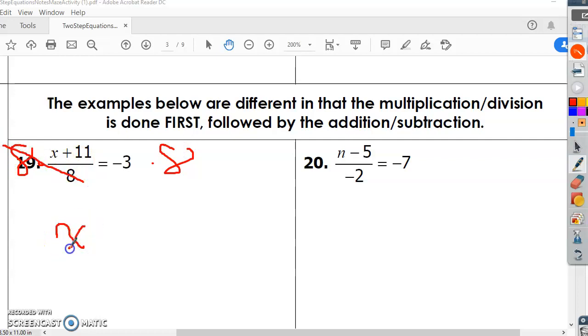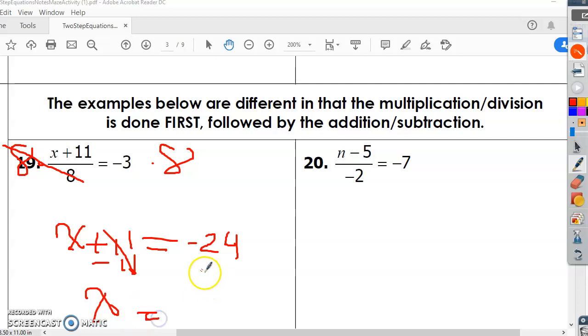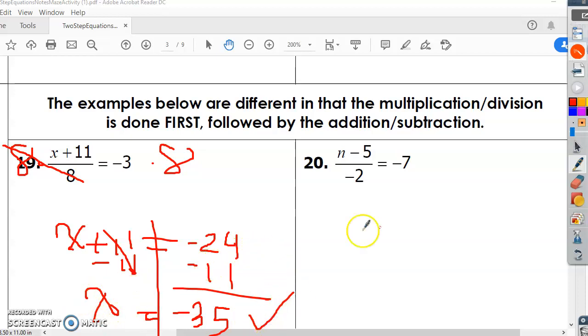Then you have x plus 11 is equal to negative 24 minus 11. x is equal minus 11, same signs you add, x is equal to negative 35, and that is done. It checks, x is equal to negative 35.